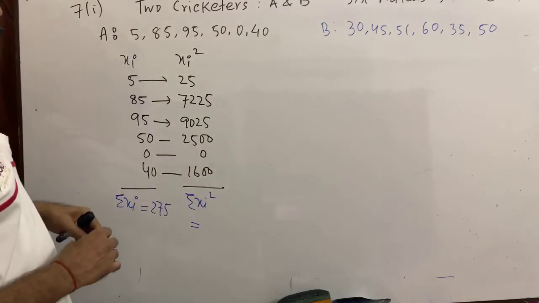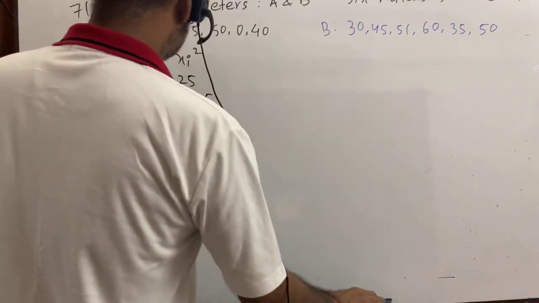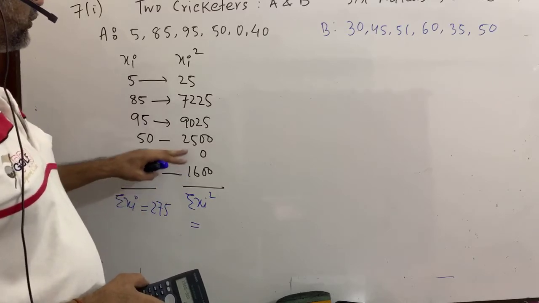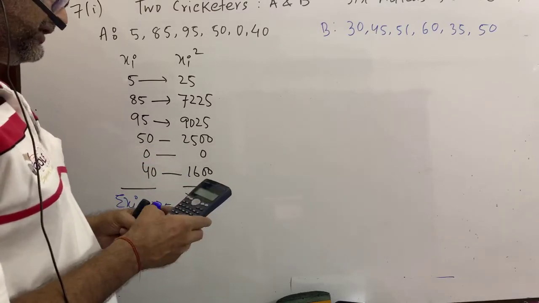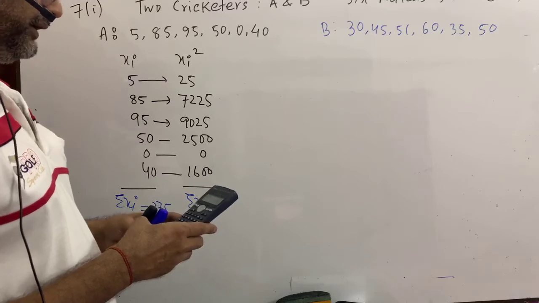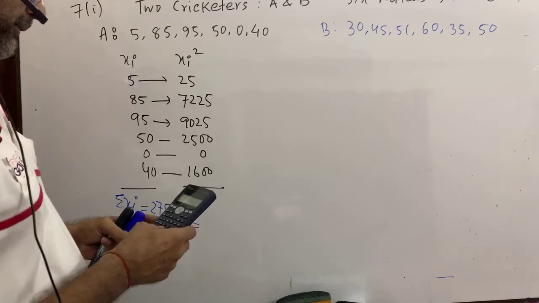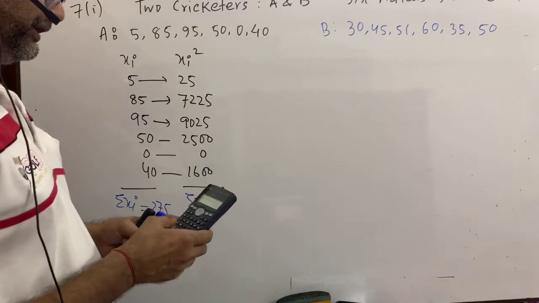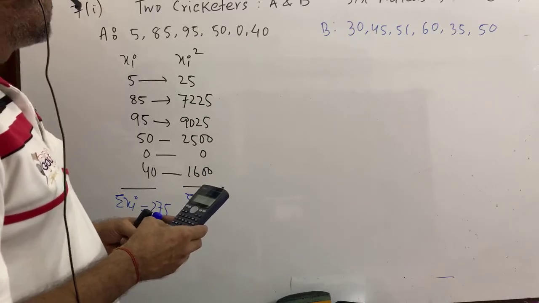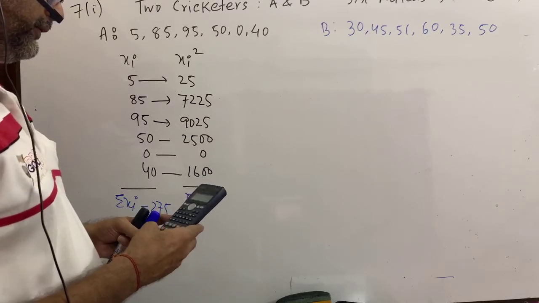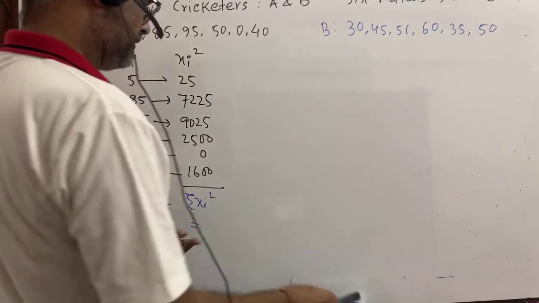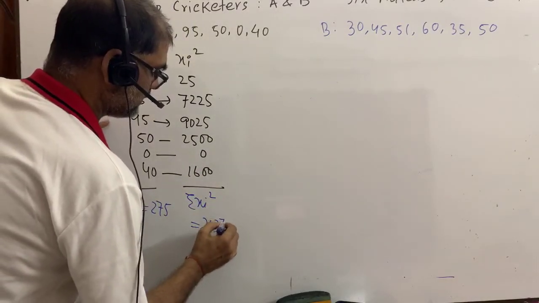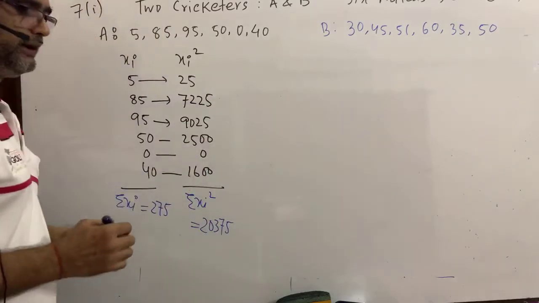This is 1600, 2500, 0; the last three give 4100, plus 9025, plus 7225, plus 25, equals 20375. Please pay attention.